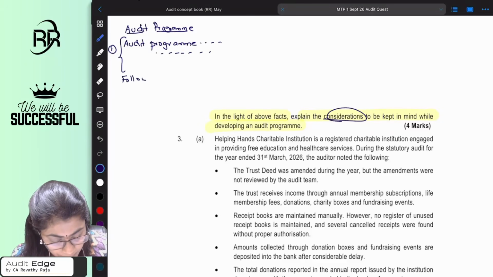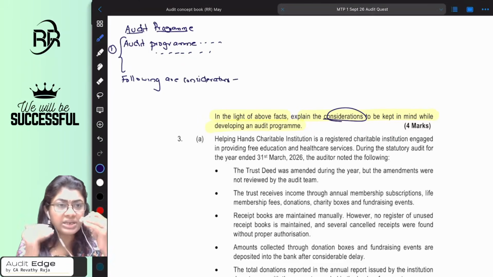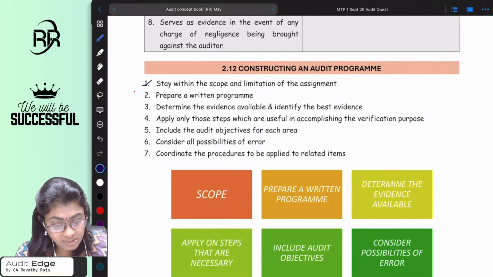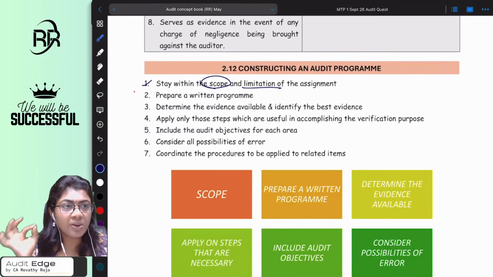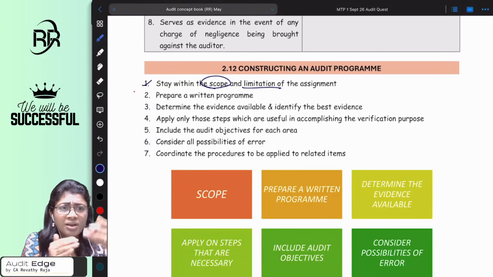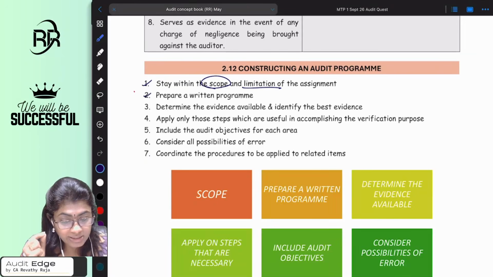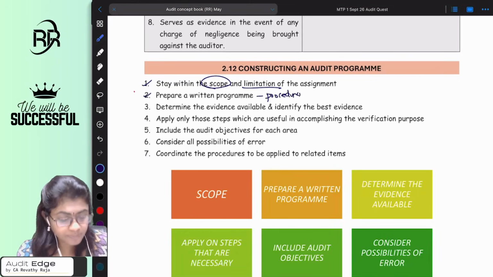Following are the considerations in framing audit program. Now you can write 1, 2, 3, 4. 1. Stay within the scope and limitation of assignment. So whenever you construct an audit program, you have to stay within the scope and the limitation of the assignment. You should not go beyond that. Now, audit program should be always written program which should include all the procedures.